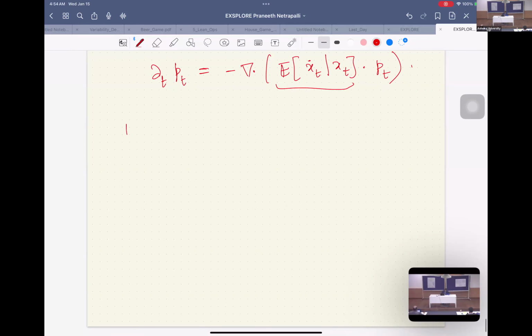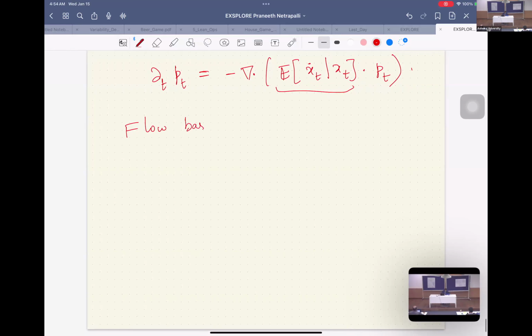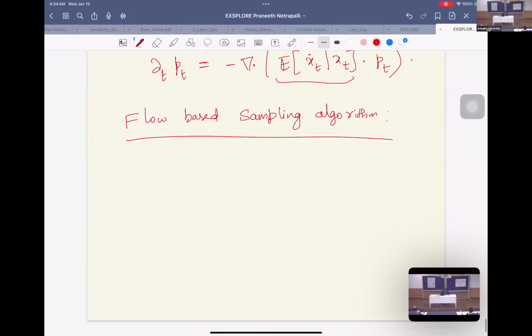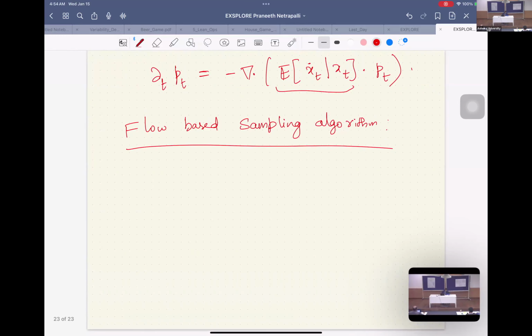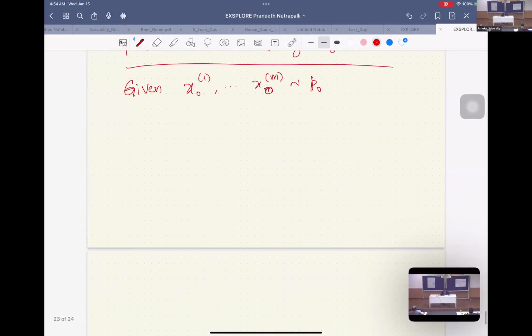Okay. So now the flow based algorithm will be the following. We are given x01 all the way up to x0m from p0, and this is the target distribution.